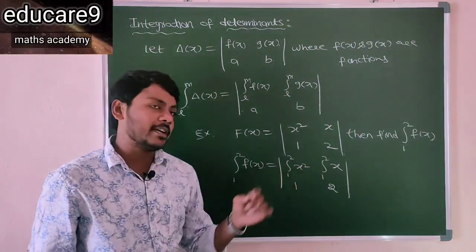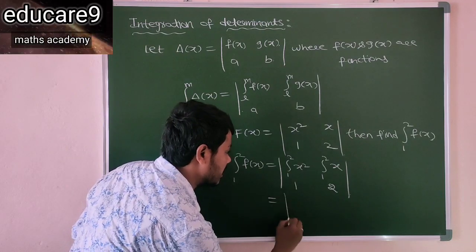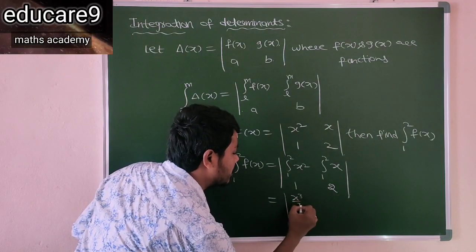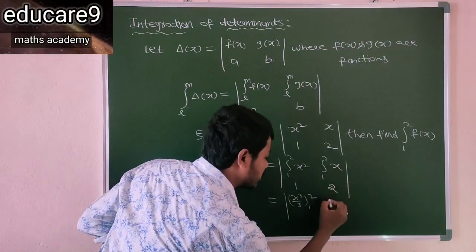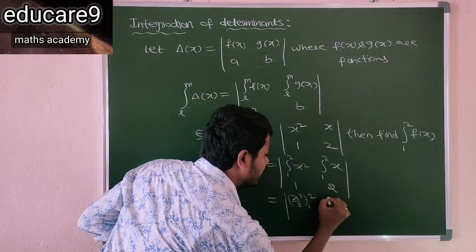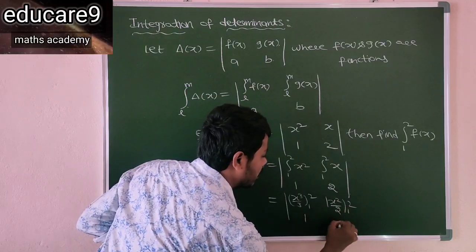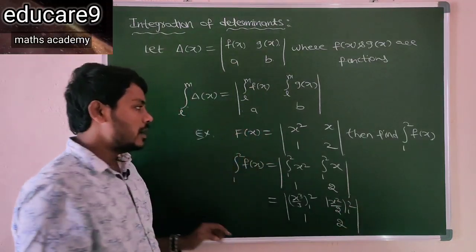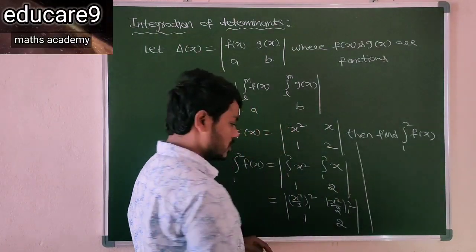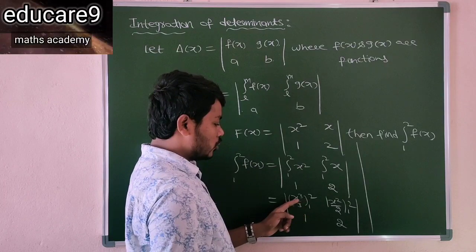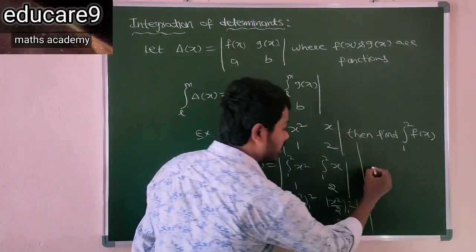Now the integration of x square is what? x cube by 3 within the limits 1 to 2, and here x square by 2 within the limits 1 to 2, and 1, 2. And here apply the limits. So this is 2 cube by 3, that is 8 by 3 minus 1 by 3, that is 7 by 3.